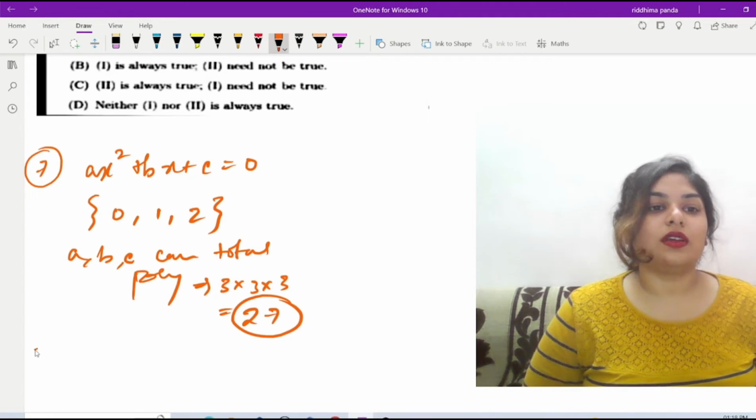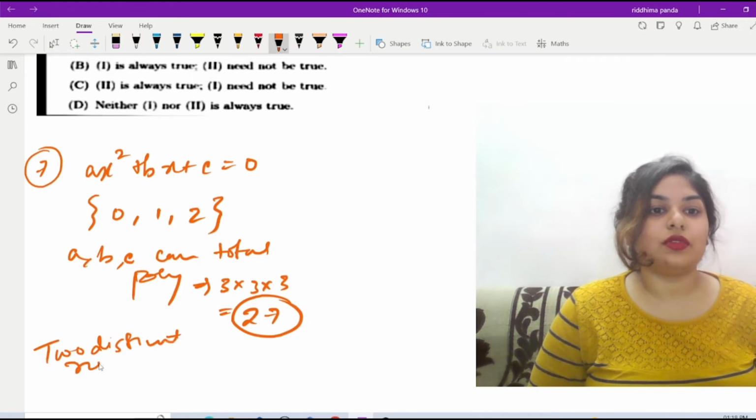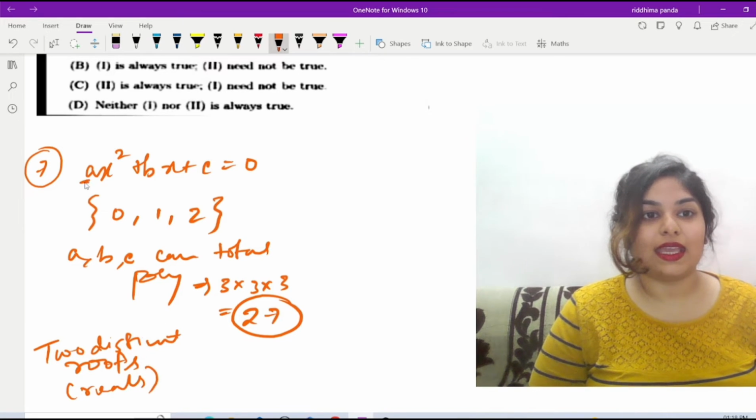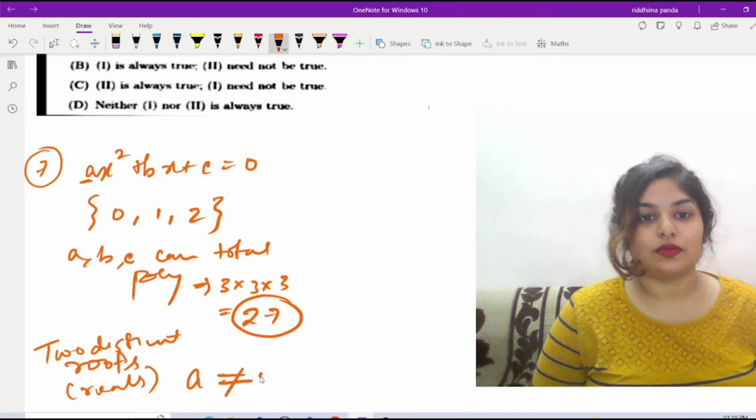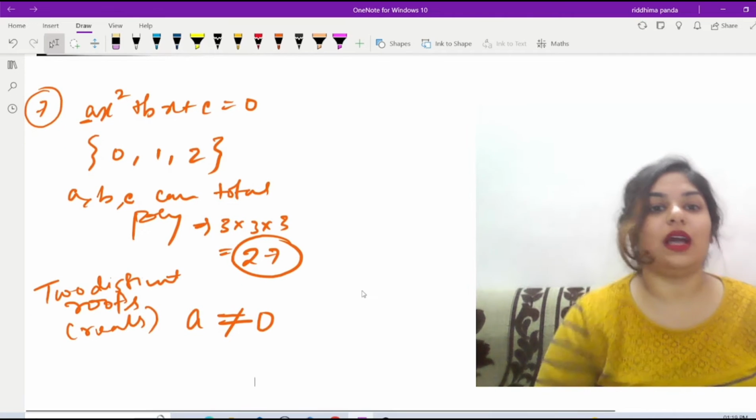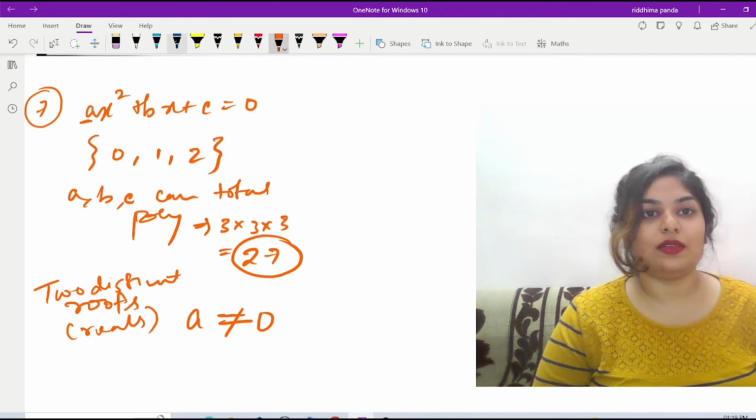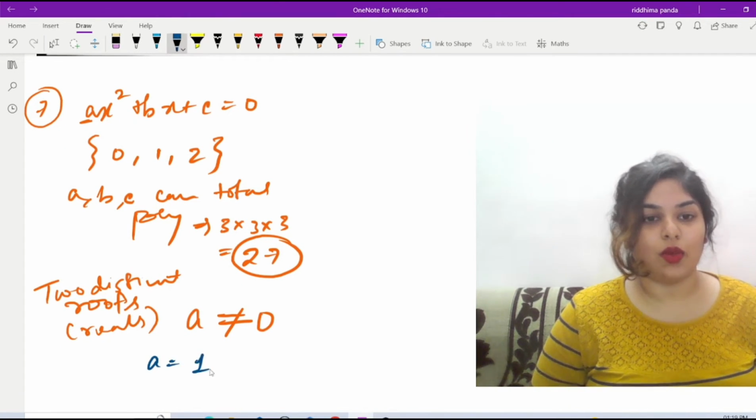Now talking about two distinct roots. In order to have two distinct real roots, a cannot be 0. That means a will be either 1 or a will be 2.